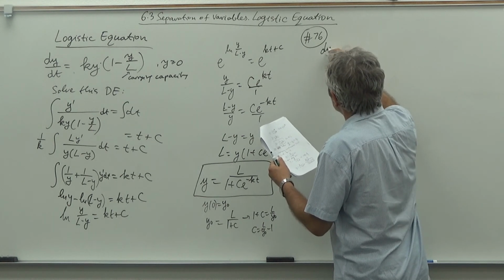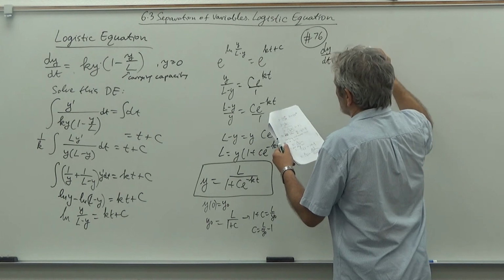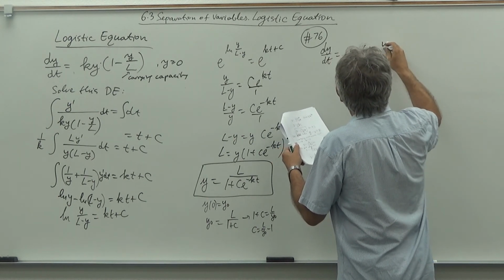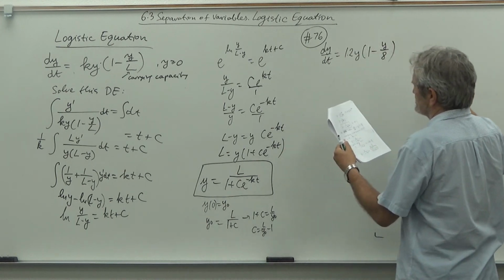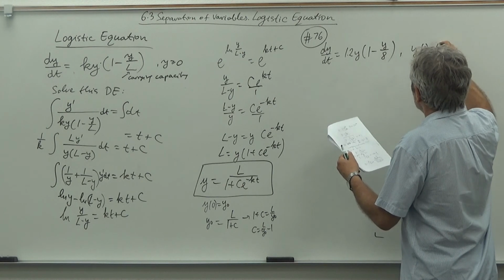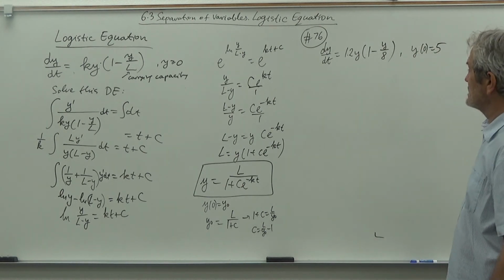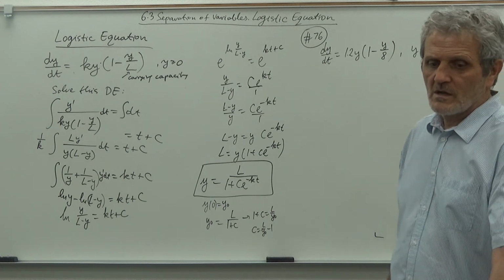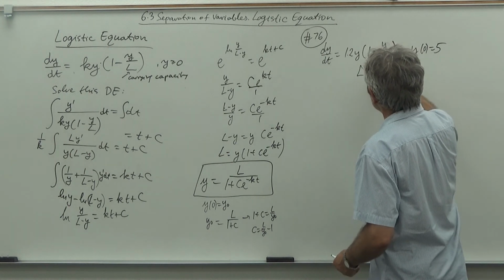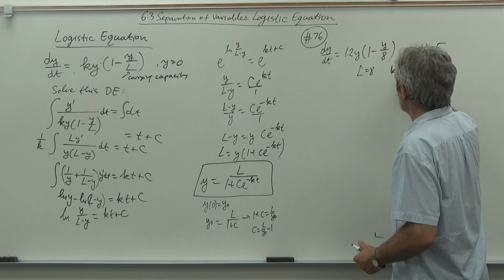Solve dy over dt equals 1.2y times 1 minus y over 8, and I want y of 0 to be 5. If you look at our equation, that's exactly a logistic equation, where our carrying capacity L is 8, the denominator here, and our k is 1.2.